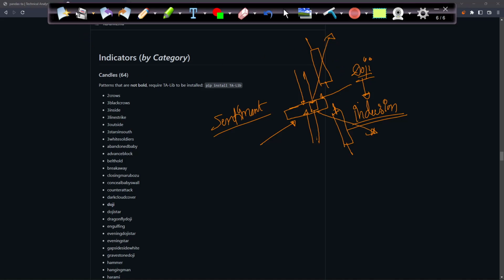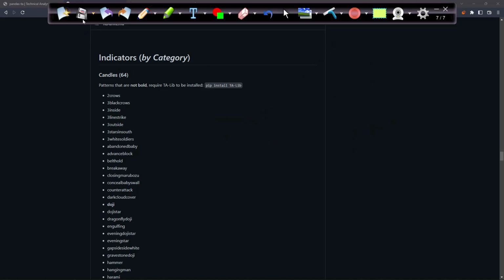So that's our doji candlestick, and it is a very powerful tool if you ask me.